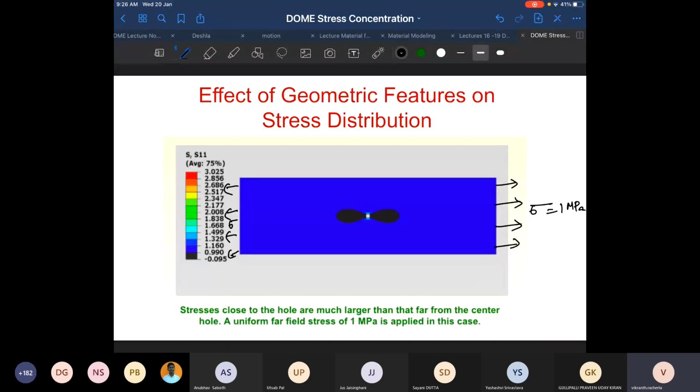What I am doing is taking a small hole in the plate. Now what is happening because of the hole? Away from the hole, what is the value of the stress?